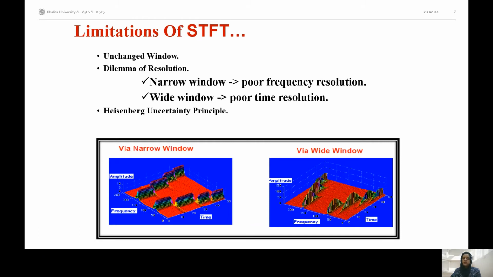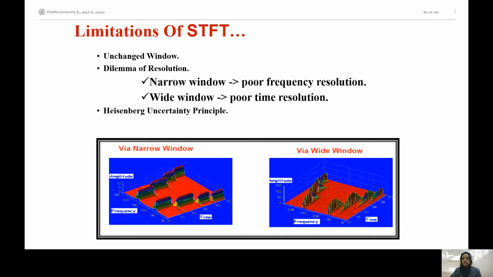In order to perform the short-time Fourier transform of a signal, we need to choose a window. A narrow window gives poor frequency resolution. If we choose a wide window, it gives better frequency resolution but poor time resolution. According to Heisenberg's uncertainty principle, there is a dilemma in the time-frequency representation obtained through the short-time Fourier transform.